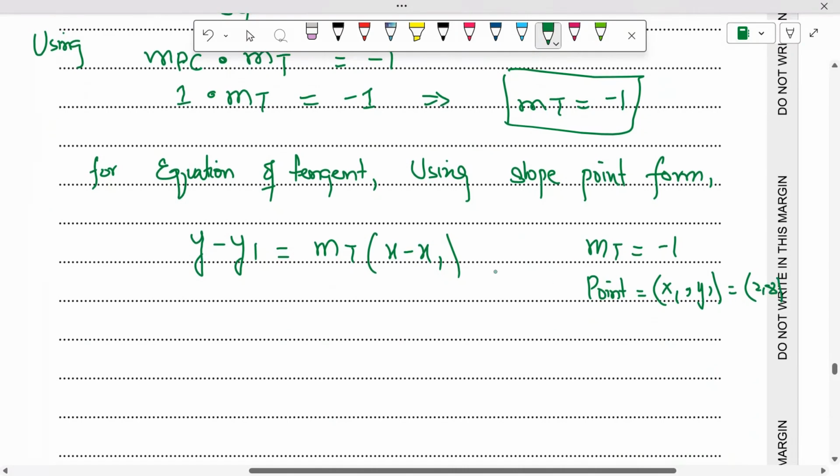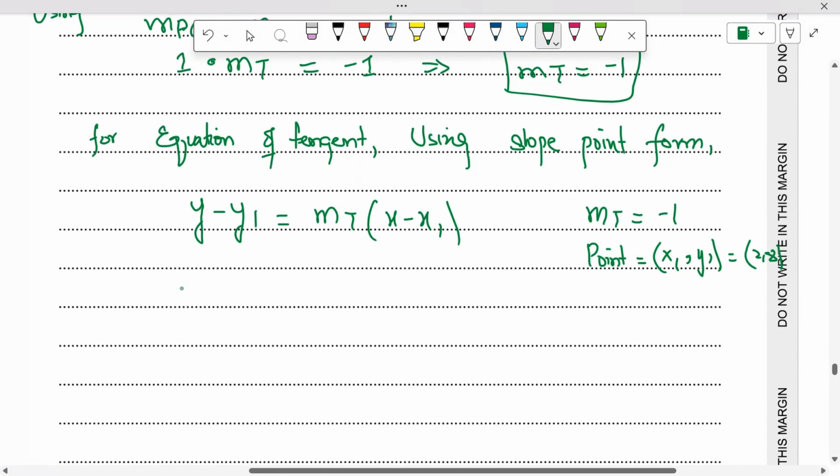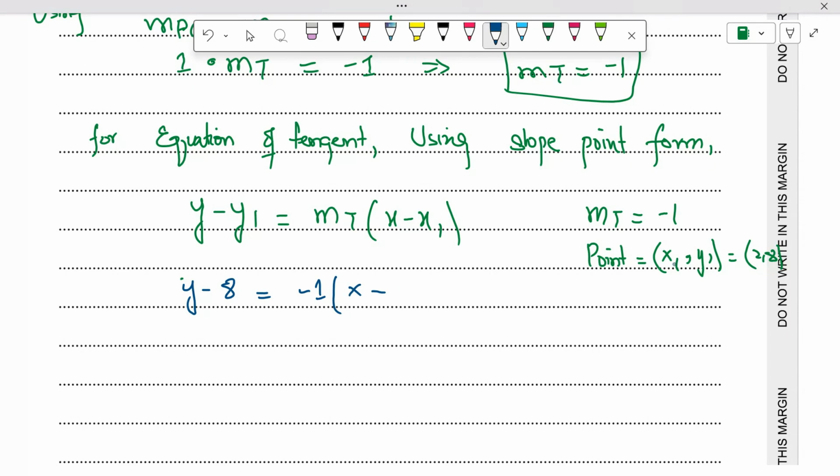So by using this information we can find the equation of the tangent. y − 8 equals the slope of the tangent, −1, times (x − 2).